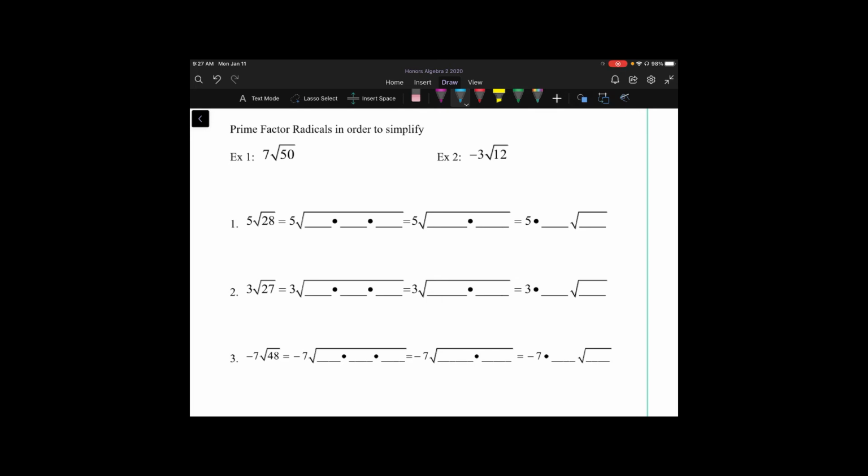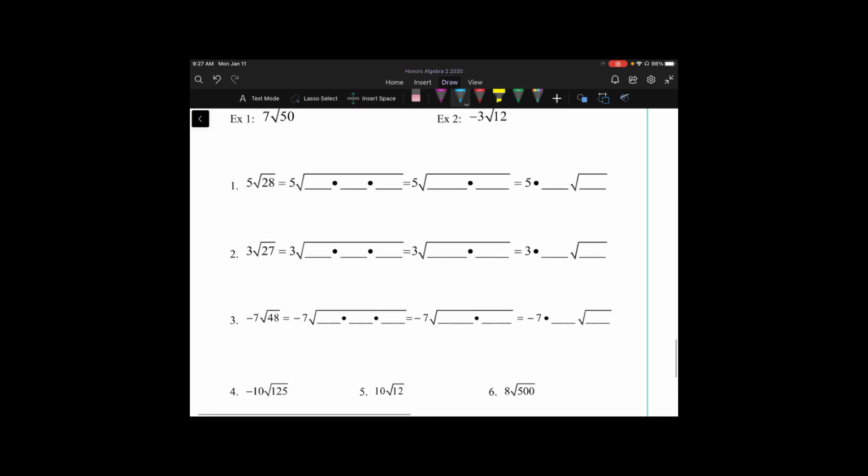So let's take a look at this first one. 5 square roots of 28. Let's see, so that 28 would be 2 times 2 times 7, which is 4 times 7. So the 4 comes out as 2, so that's 5 times 2, and then we keep the 7 in the house. All right, the next one, 3 times the square root of 27. 27 is going to be 3 times 3 times 3, or 9 times 3.